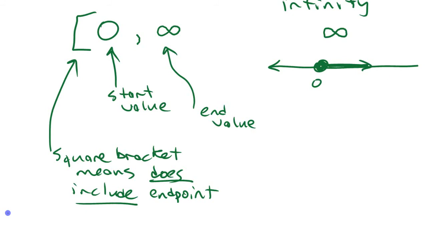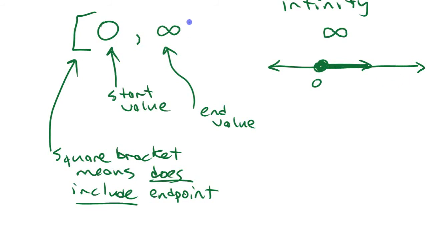Can we include infinity? Can infinity be a point you get to? Here's infinity. If you have ever seen Toy Story, to infinity and beyond, there's no beyond, right? You can't put a dot here, because then this is infinity plus 1. There's no such thing. There's no dot for infinity.